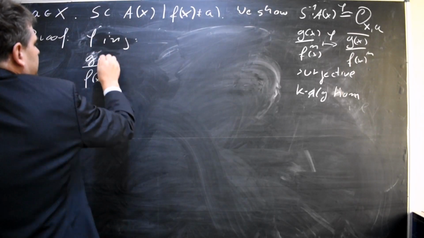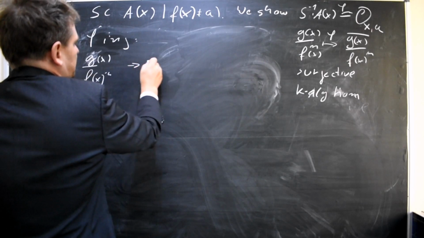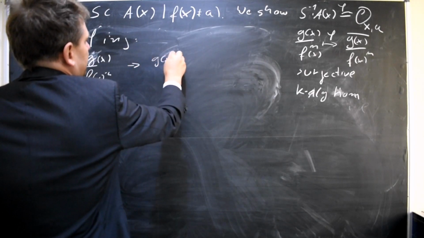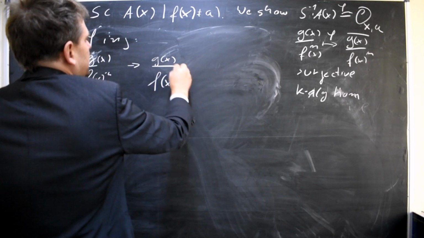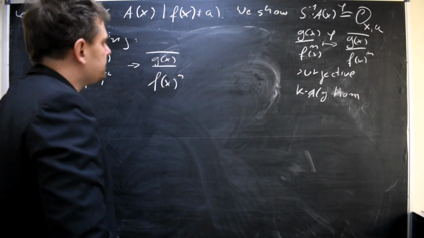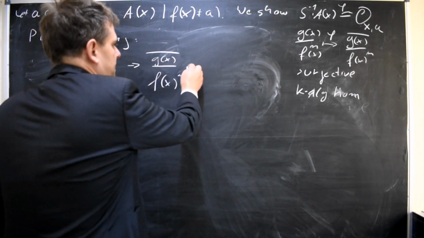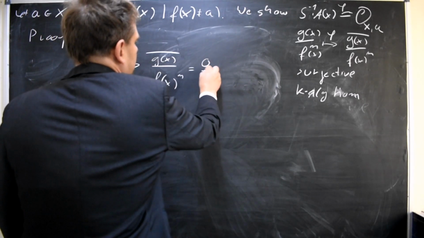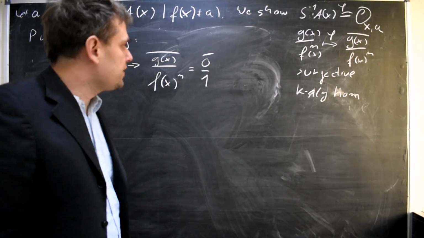Then this gets mapped to this element in the stalk. And now if we want to say that this is 0, then this is the same as this element of the stalk.